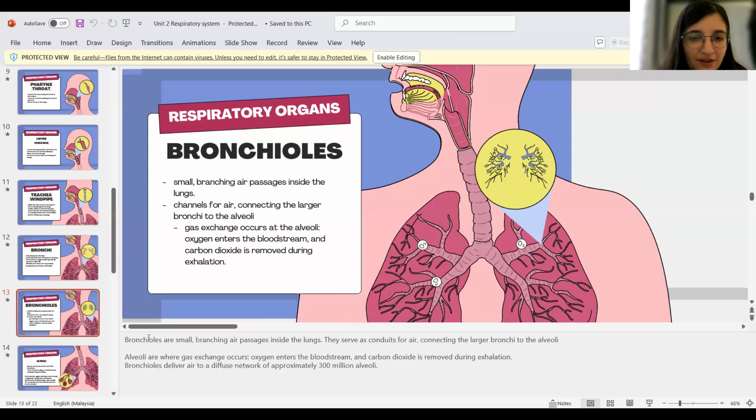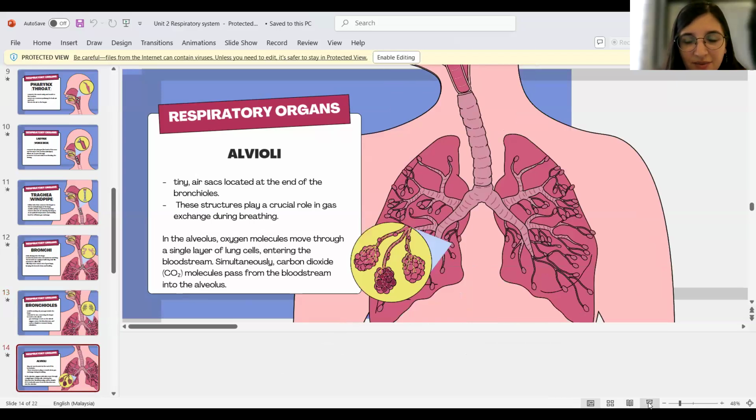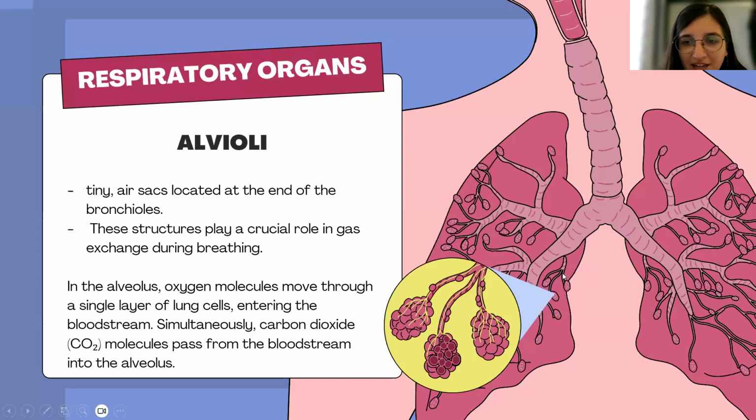Let's look at alveoli. Let me zoom in again. If you zoom in, you see at the end of these bronchioles these small sacs. These sacs are actually the alveoli. The alveoli is the site where gaseous exchange occurs, where oxygen enters the bloodstream and carbon dioxide leaves the bloodstream.